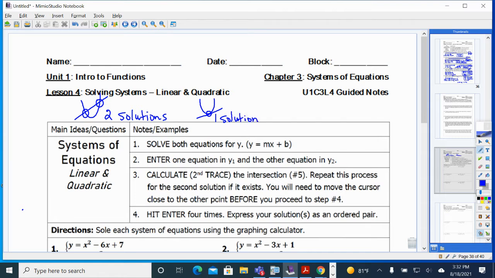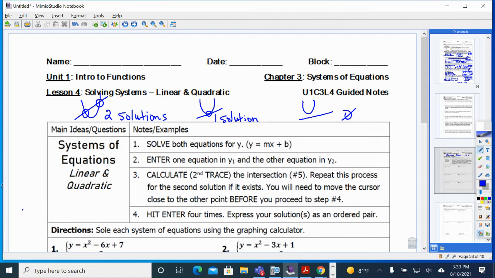And then the last scenario is that the line and the parabola don't hit at all, and we have no solutions. So there are these three different situations, again, just like linear with linear systems of equations. You can still have one solution, multiple solutions, or no solutions. So be on the lookout.